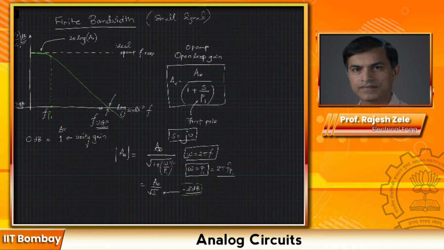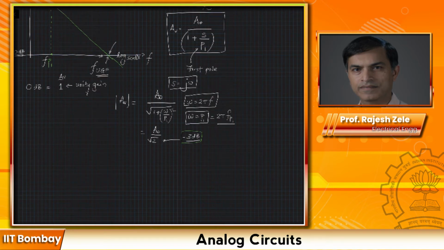Now let's do a little more analysis here. We're going to start off again with this particular expression, which is a one pole model of the OPAMP that we're going to use. So mod of AV is equal to 1 at the unity gain frequency, f UGF.